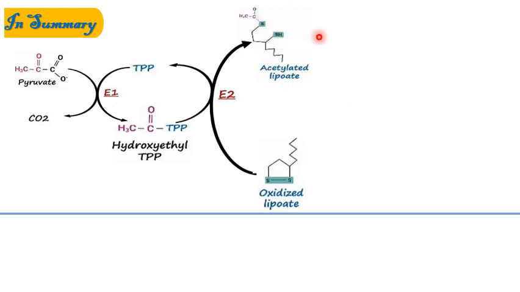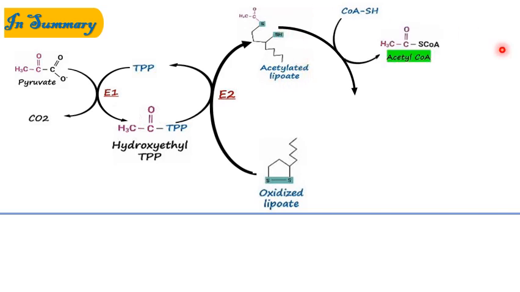So what happens from here is that coenzyme A, or what we normally write as CoASH, will receive the acetyl group from this acetylated lipoate to form acetyl-CoA, which is the product we form.